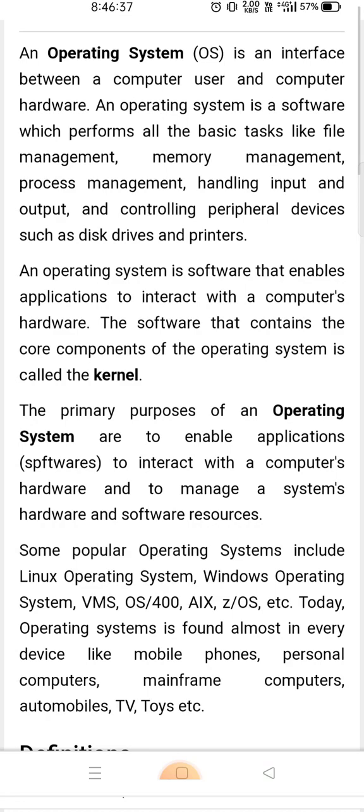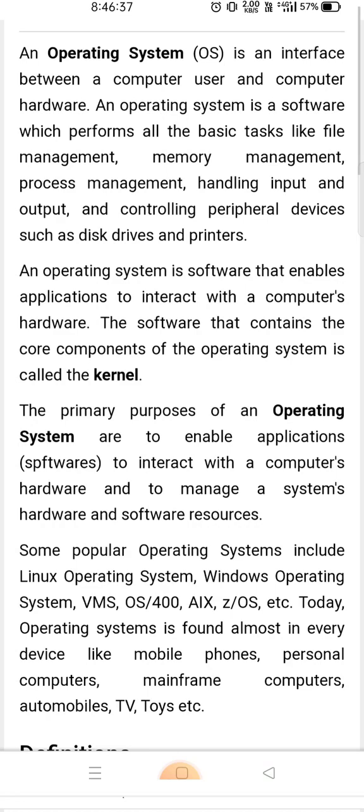Some popular operating systems include Linux, Windows, VMS, OS/400, AIX, z/OS, etc. Today, an operating system is found almost in every device, not only in computers but also in mobile phones, personal computers, mainframe computers, automobiles, TV, toys, etc.